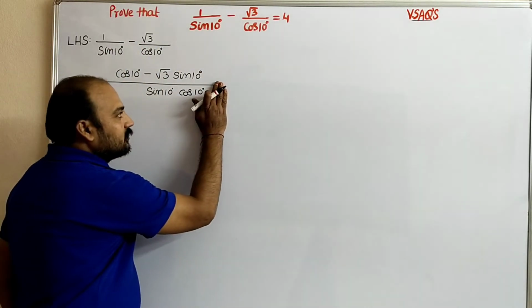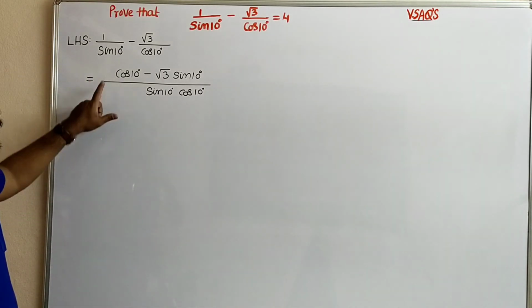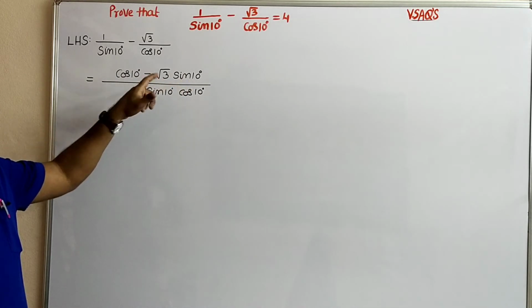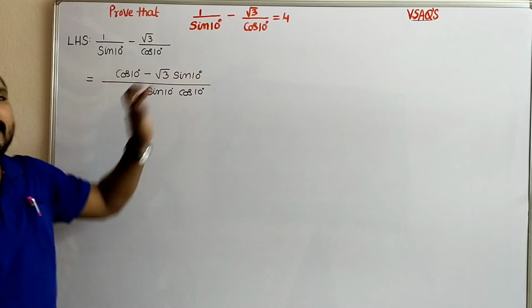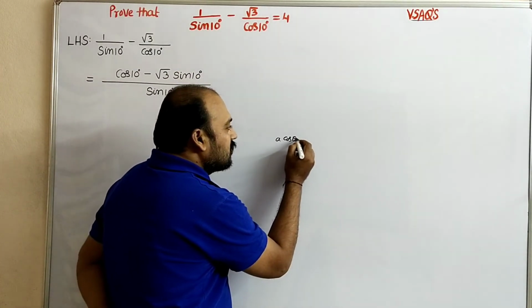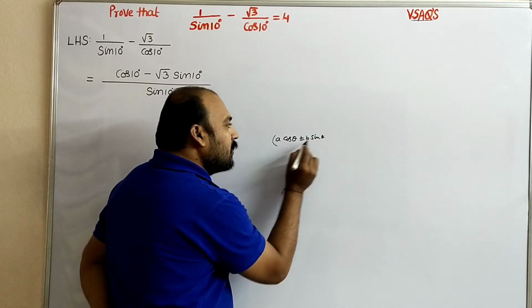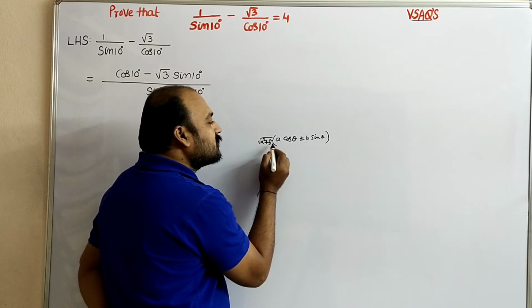After that, the numerator is in the form of a cos theta plus b sin theta, plus or minus anything. Whenever a cos theta plus or minus b sin theta form is there, you can multiply and divide by square root of a square plus b square.